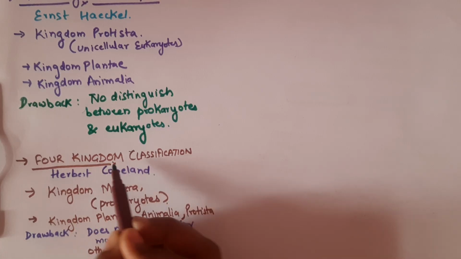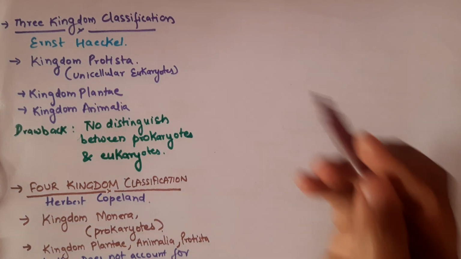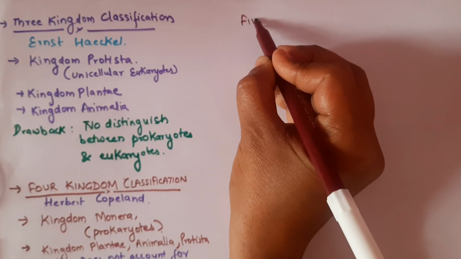So I hope it is clear. So now we have four kingdoms: kingdom Plantae, kingdom Animalia, kingdom Protista, and the kingdom Monera. Now let's move on to the five kingdom system.